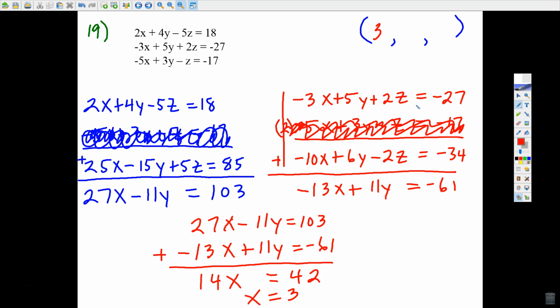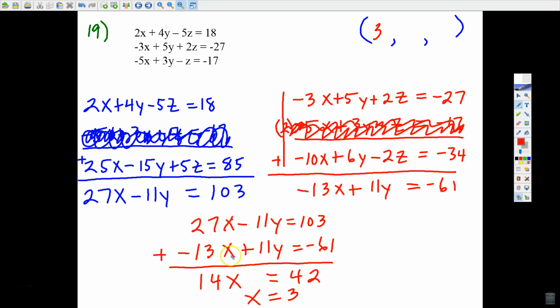So Hannah, how can I find my next variable, and what variable will that be? Okay, so which variable will be found next? Well, we've already found x. Yeah, we're going to find y, and you can plug back into either one of these.